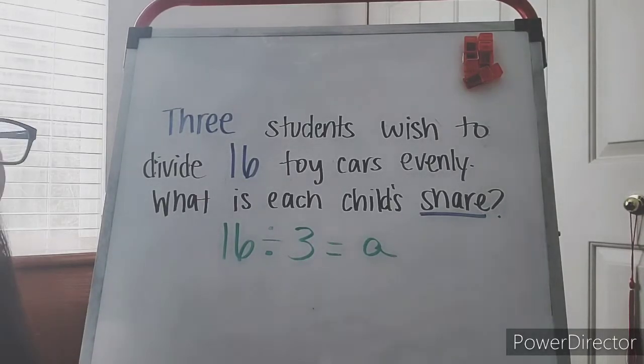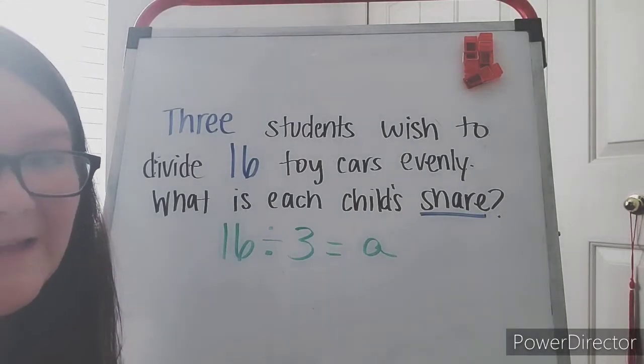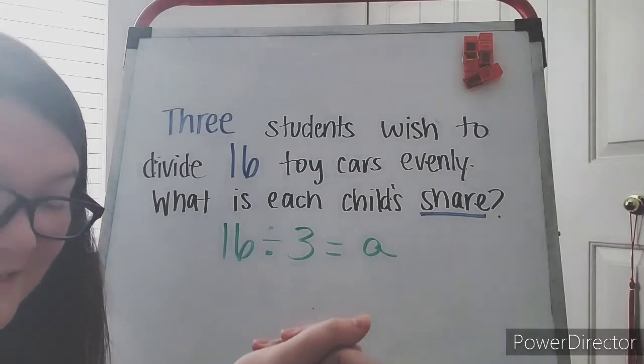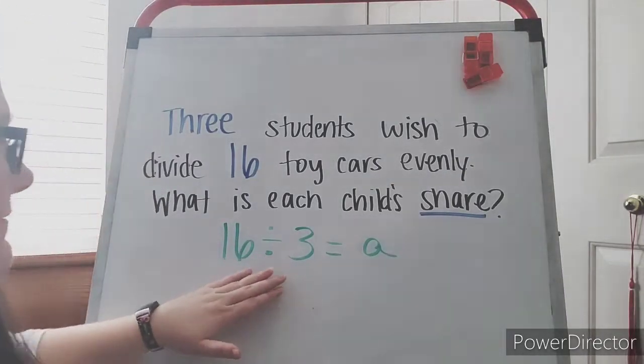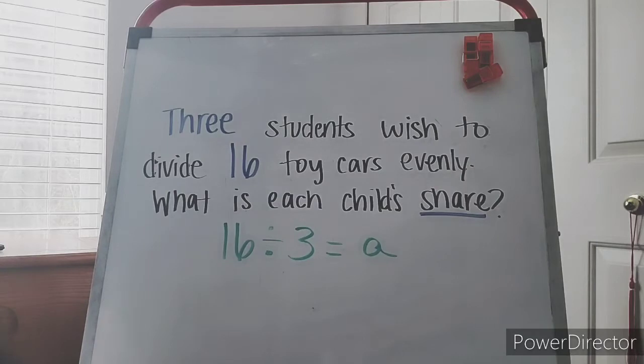Now, just like I said before, we know that multiplication and division really go hand in hand. So if you know your multiplication facts, then you know that I can turn this division problem into a multiplication fact to get this answer really quick.